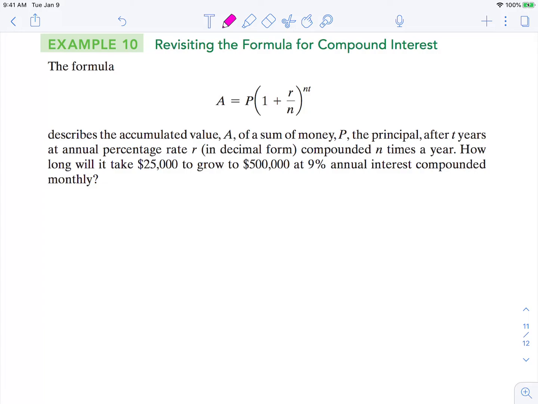So here's our question. How long will it take $25,000, so that is our initial amount, to grow to $500,000? That's our end amount.